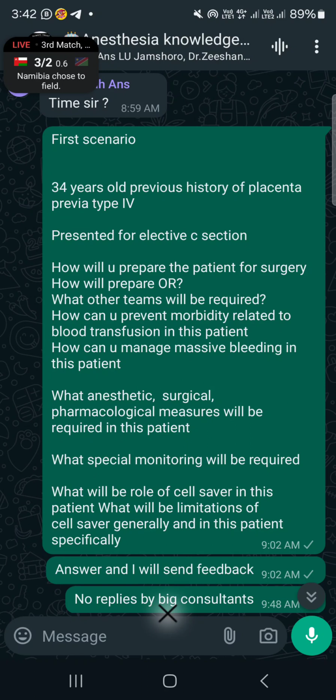So you will be assessing baseline status, hematological status, and any other comorbidity or any even full history which is there with that patient.